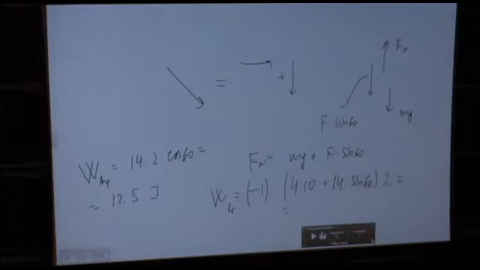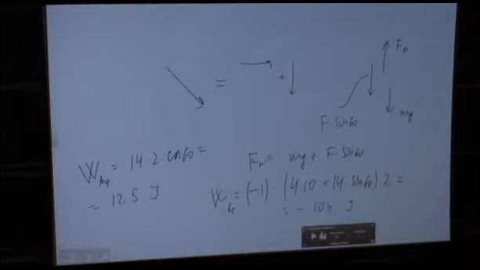Here, 14 times sine of 60 plus 40, times 2. I got -104.12. Let's neglect all points, let's round it up. Please check my numbers. Everybody makes mistakes.